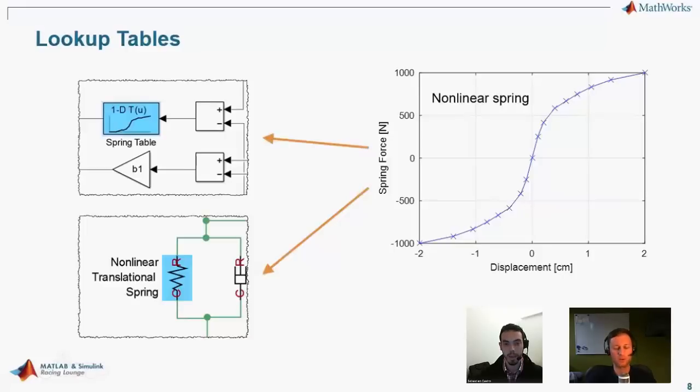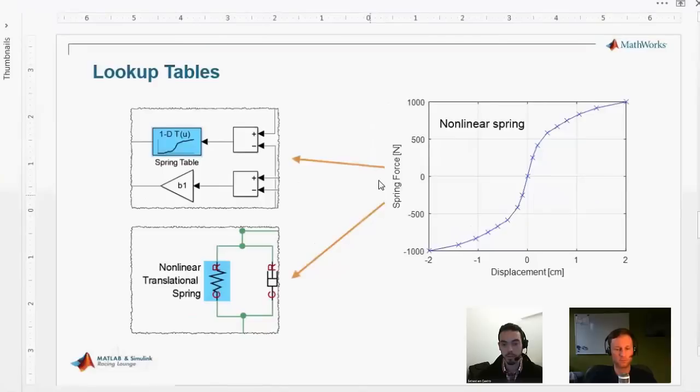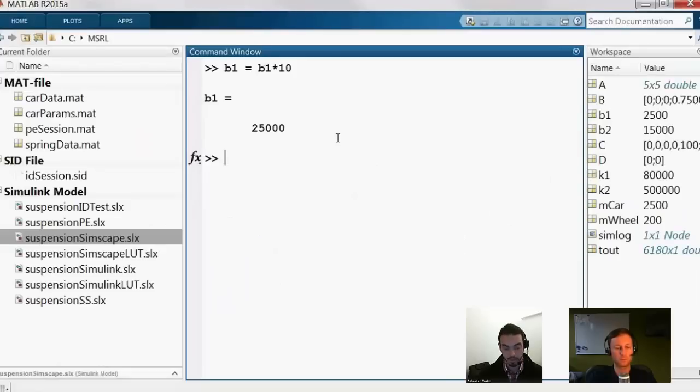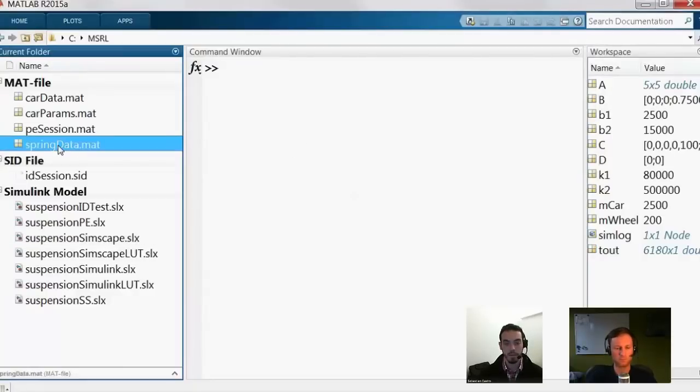Absolutely. That's one of the great things about having a platform that sits on top of MATLAB, right? Maybe you've seen before that with MATLAB you can do lots of different file imports, for example, reading from Excel files or from text files. I don't have an Excel file here, but I do have a mat file that contains some of the data that I've collected.